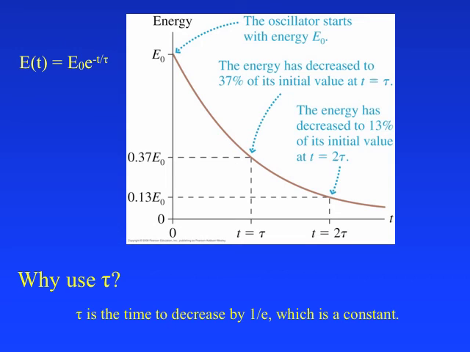So something that dies away exponentially, after a time, has a reduction of 1 over e to roughly 37% of the energy, or a reduction of 1 over e squared to 0.13 or 13% of the amplitude or the energy roughly.